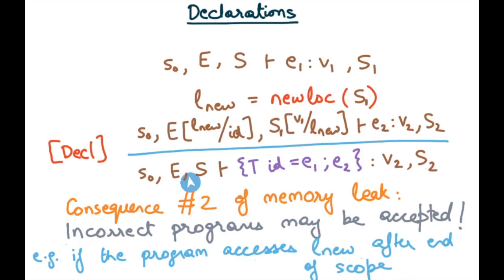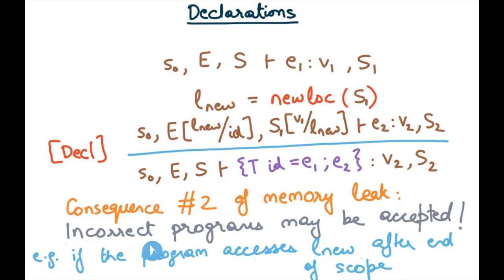And so this formulation of the rule allows future expressions that are outside the scope to read and write to the values at L new, because L new still appears to be a valid location. And if that was not intended by the programming language designer, and if the designer actually wanted that to be a bug, then that's not being reflected in this rule.